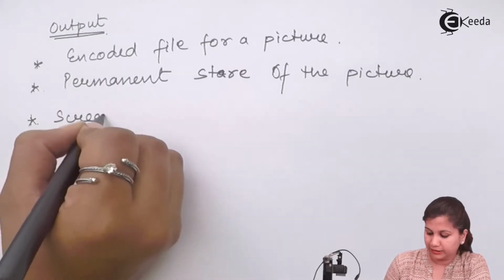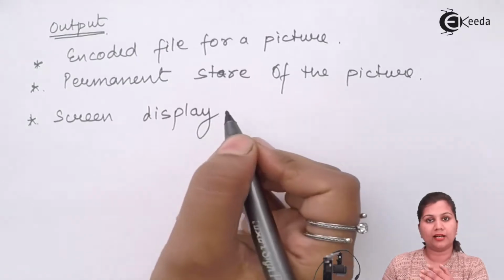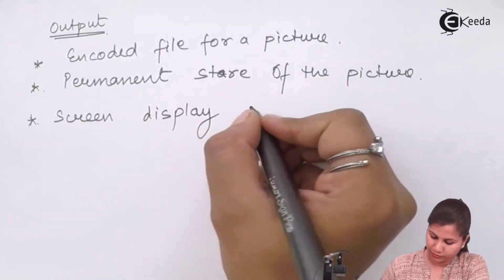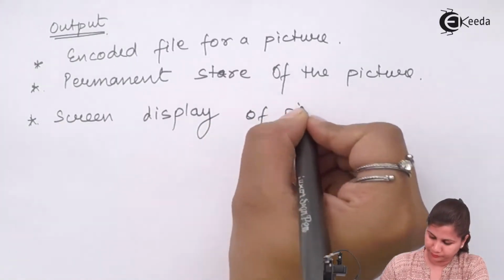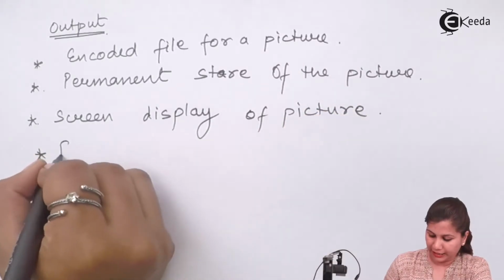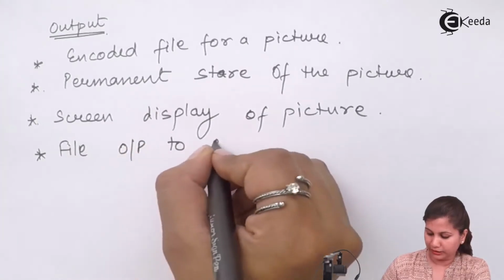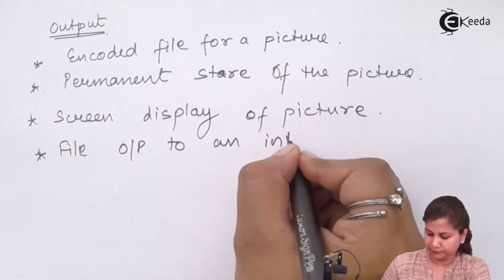Then either the screen display of the picture, because we can get the display also, or we can have a file output to an interfaced computer.